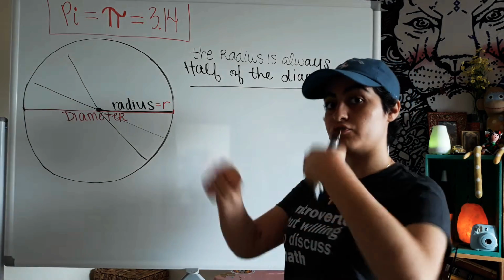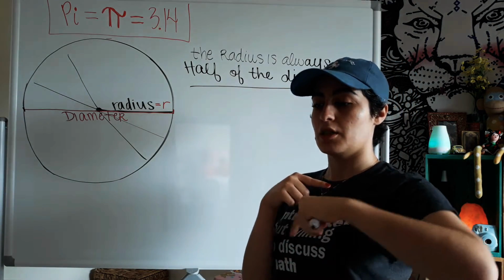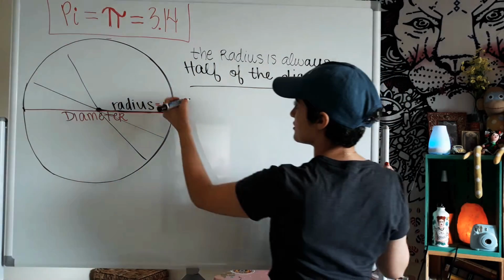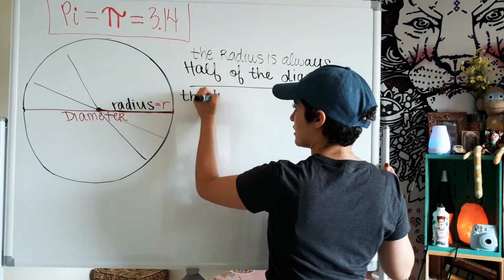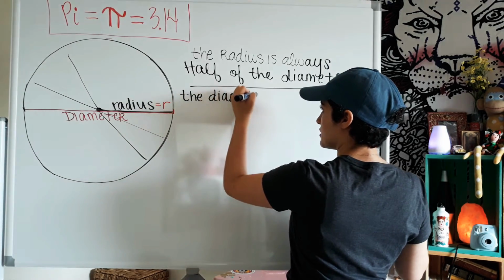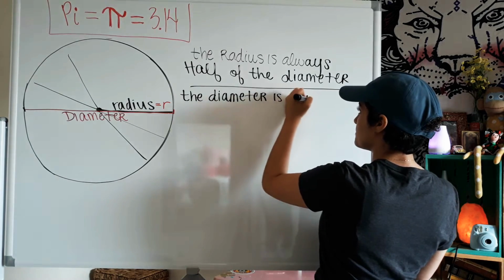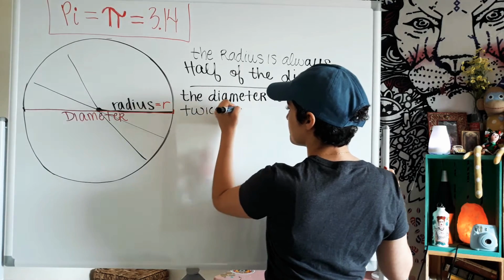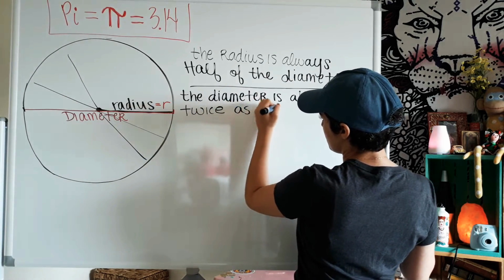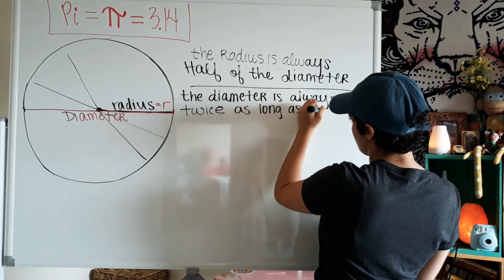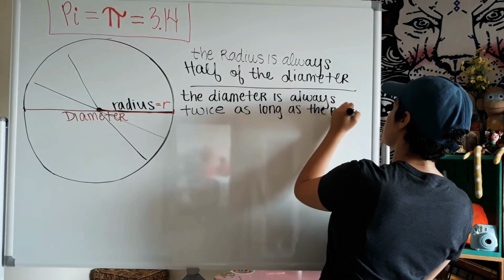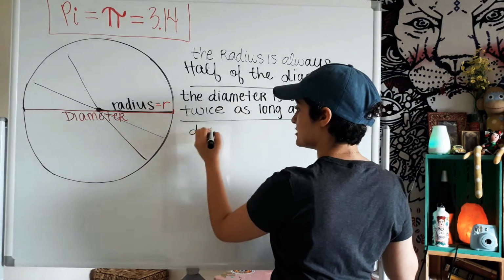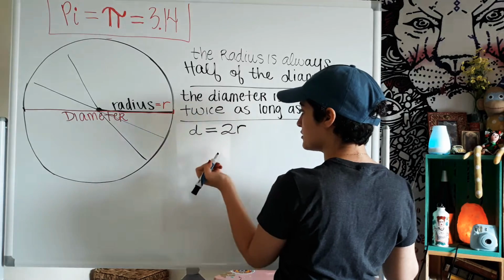Conversely, the diameter is always twice as big as the radius. So D equals 2R.